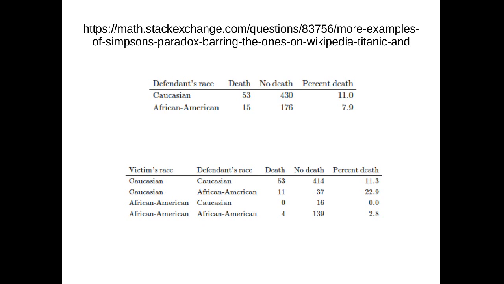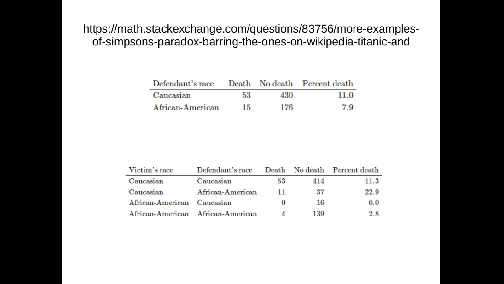So here is an example where you just look at whether the death penalty was given or not given to whites and African Americans. You say that, okay, 11% of the Caucasians receive the death penalty, and in similar situations, about 8% of the African Americans receive the death penalty.